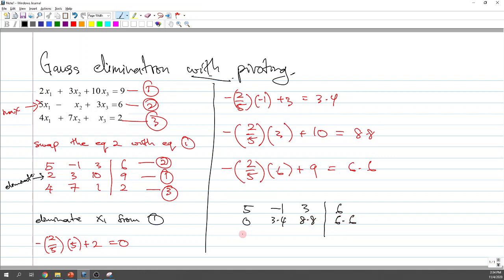Okay, and then we just rewrite again the third one. Equation 1, 2, and 2. Okay, so this is the equation 2, equation 4. This is equation 3.